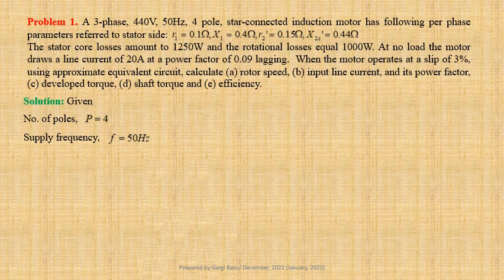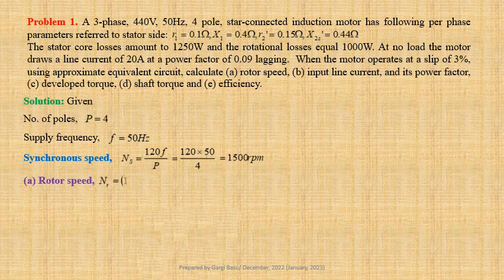Given number of poles of the machine P equals to 4 and supply frequency F equals to 50 Hz. Let us now calculate synchronous speed. Ns equals to 120 F by P. Using values we get 120 into 50 divided by 4, that gives us 1500 revolutions per minute. Now we shall determine rotor speed.